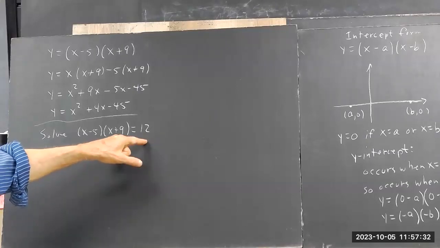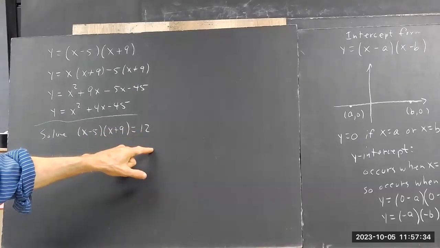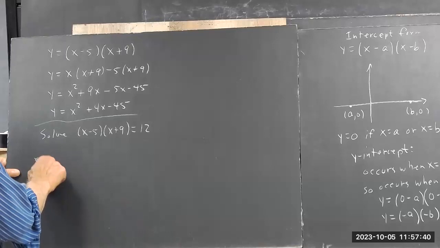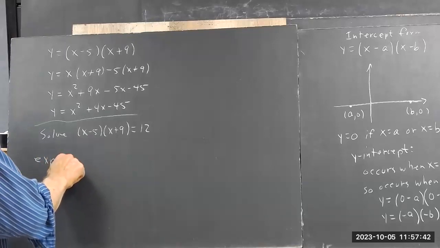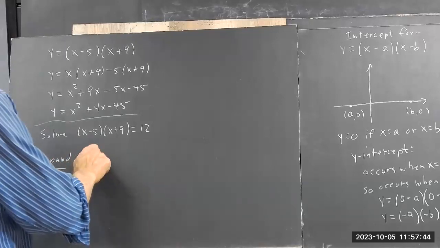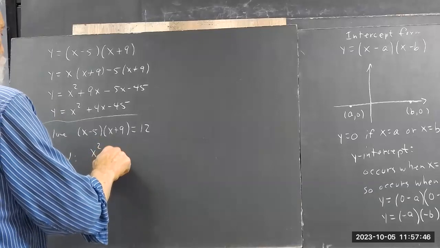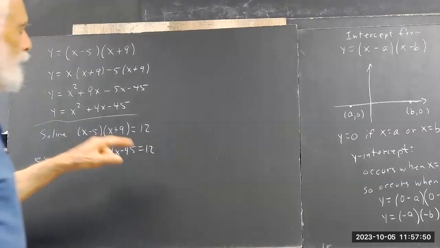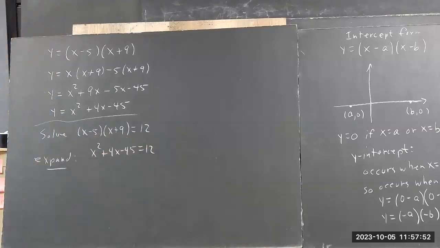But if you got a 12 there, you're kind of lost if you don't expand. You get x squared plus 4x minus 45 equals 12. Okay. Now, once you have it in that form, what can you do?